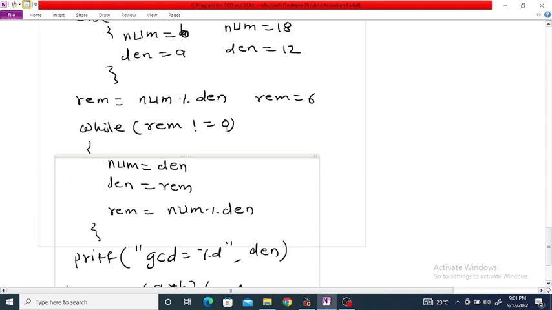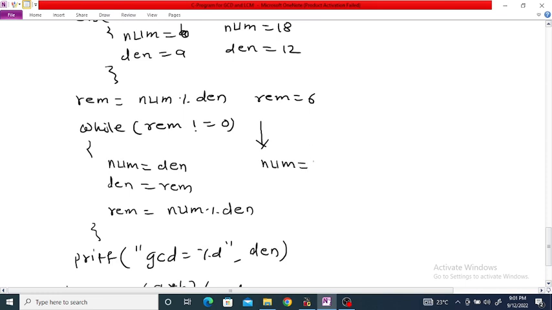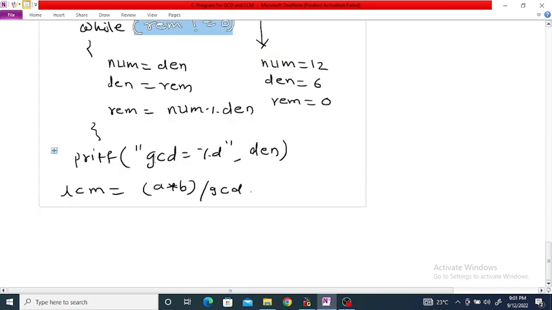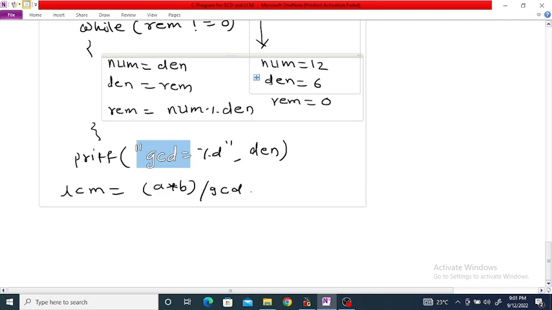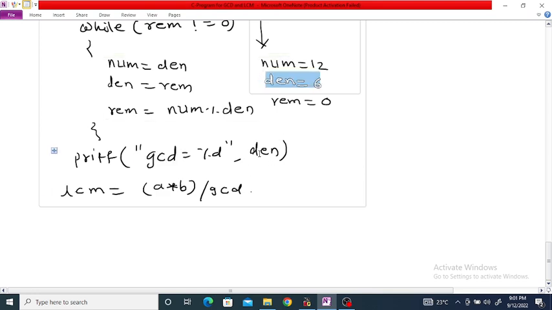Now remainder is not equal to 0, so numerator is equal to denominator, 12, and denominator is equal to 6. If we divide 12 by 6, the remainder is 0. So now the condition is false, and it prints GCD is equal to denominator, which is 6. So we get the output.